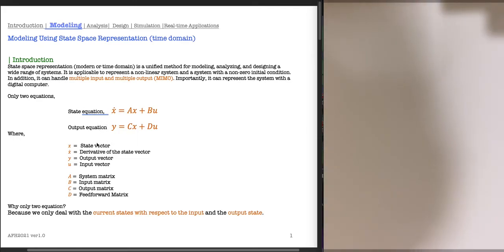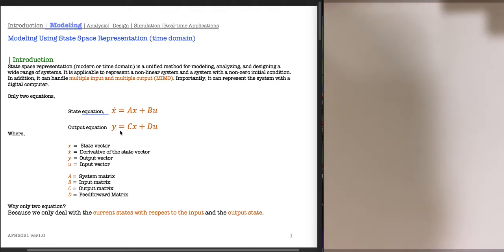For the state equation, we have the first derivative of the state vector, x dot, and then we have the system matrix A, the state vector x, the input matrix B, and the input vector u.